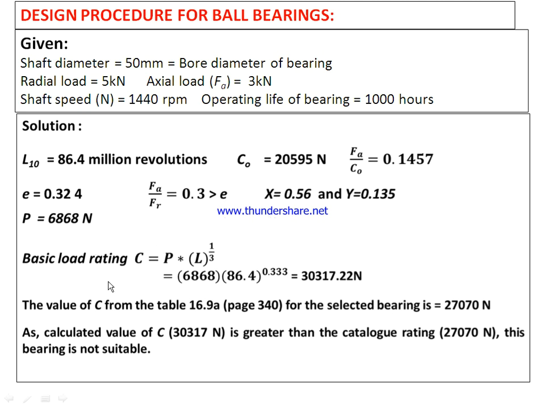Okay. Now, after having calculated this equivalent dynamic load, the next step is to calculate the basic load rating, that is the basic dynamic load rating C, which is equal to P into L raised to 1 by 3.